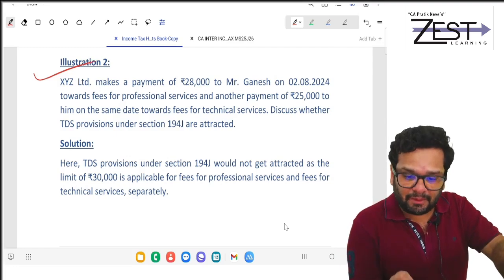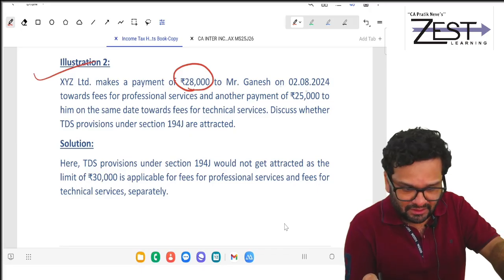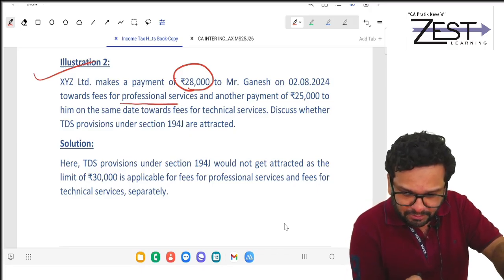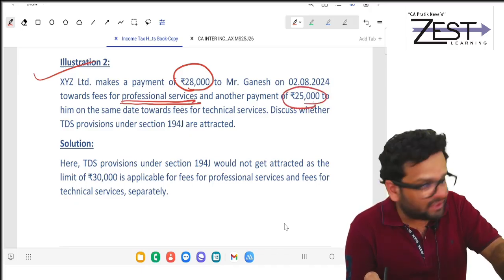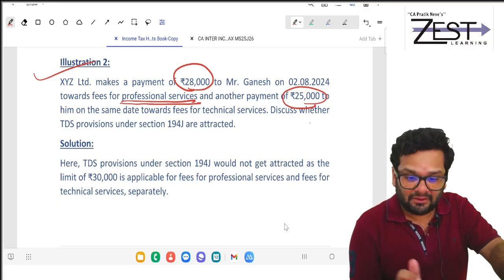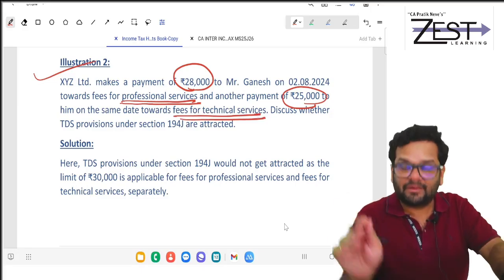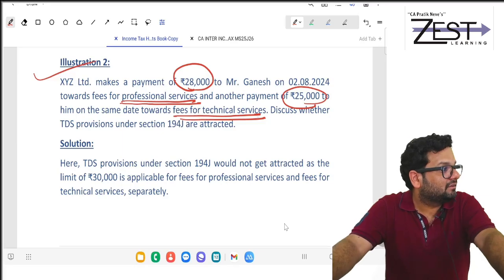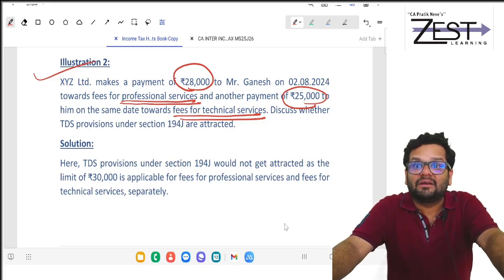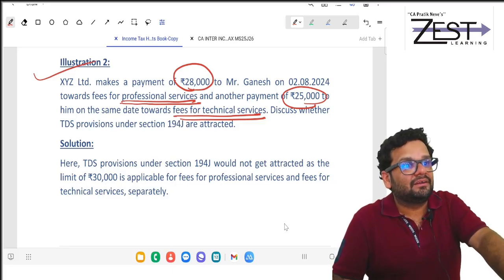XYZ Limited makes a payment of 28,000 to Mr. Ganesh towards professional services and another payment of 25,000 to him only towards FTS. Isn't it similar? Yes, a similar question. So overall it's exceeding 30,000, but the individual nature of payment is not exceeding 30,000.